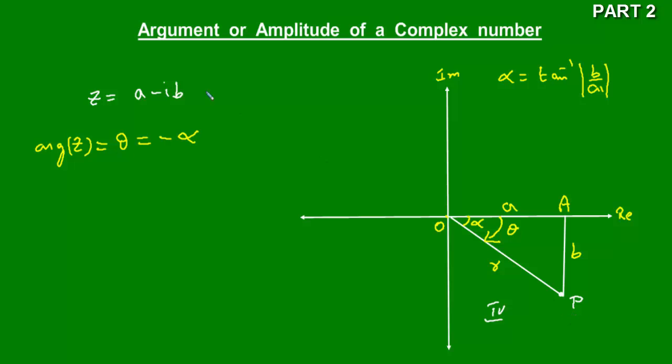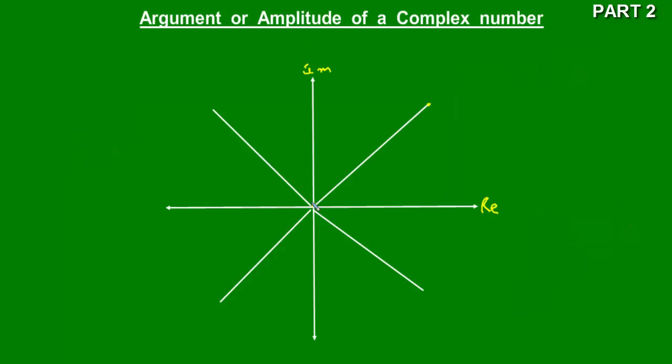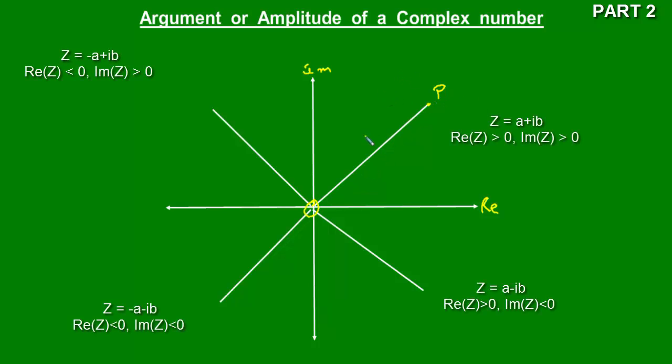Let us summarize these results. And this is O. If Z lies in the first quadrant, then this is angle theta and theta is equal to alpha, where alpha is equal to tan inverse b by a. In the first quadrant, it hardly matters whether you call it alpha or theta, the acute angle is the same as theta.